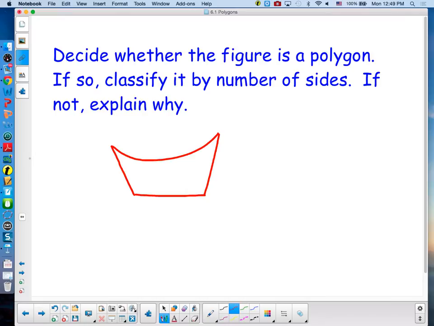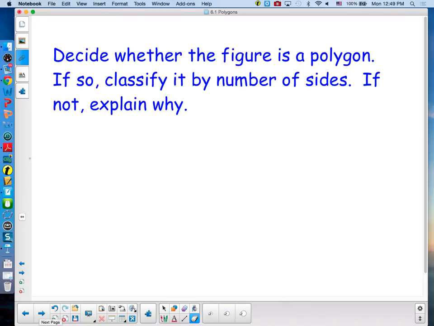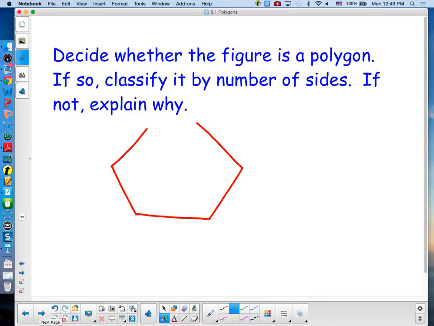Correct. Okay, I saw yes. All right, so that was no because of the curve. Okay, let's change it then. Trying not to curve it now. Okay, I think those are all straight sides as they're supposed to be.